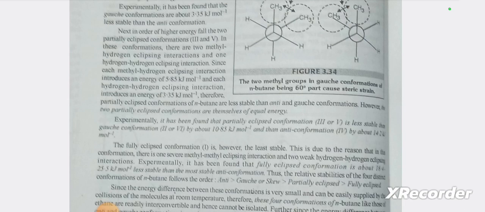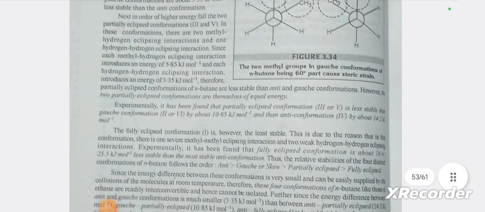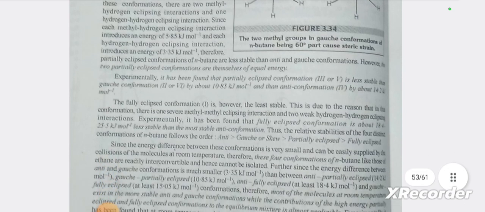In the next order of higher energy fall the partially eclipsed conformations third and fifth. In these conformations there are 2 methyl-hydrogen eclipsing interactions and 1 hydrogen-hydrogen eclipsing interaction.